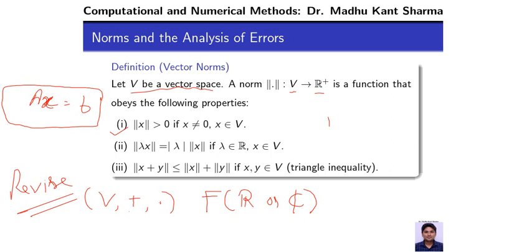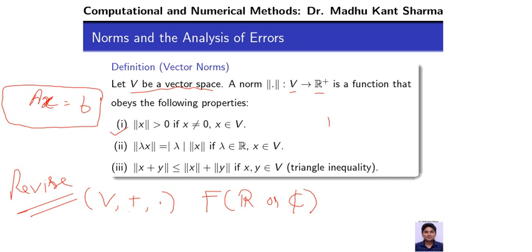If x is the zero vector, then norm x is 0, and if norm x is 0, then x must be 0. Now the second property is the norm of lambda x. Lambda is a real number. In the later case, lambda could be a complex number as well, but for us right now we are dealing only with real numbers, matrices with real entries.